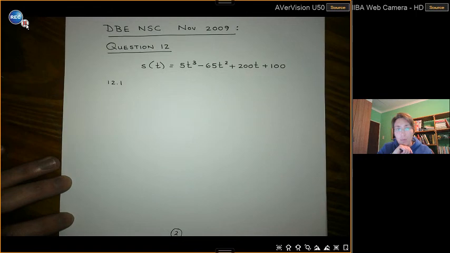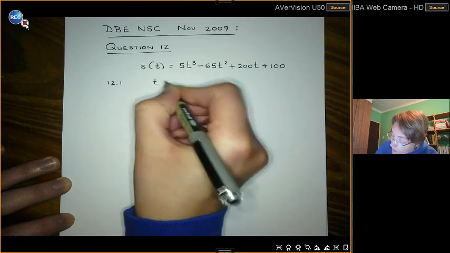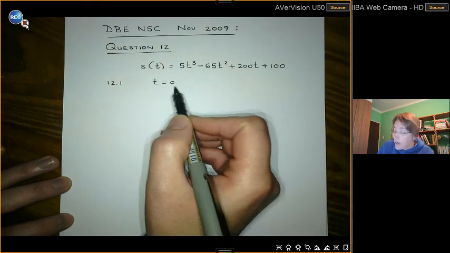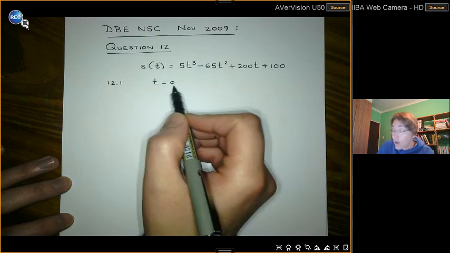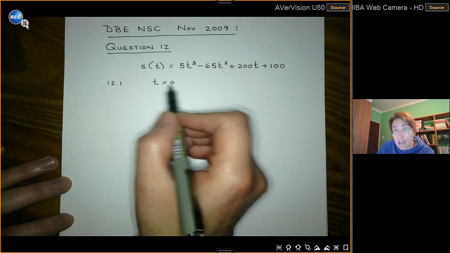So the whole idea is, before anything happens, what was specifically the height above sea level, and you can also talk about what was the initial velocity. But the point is, initial always refers to when t is equal to 0. So very important, when you ask how high was the car above sea level when the journey started, or in this case, what was the initial height above sea level, it's where t is equal to 0.